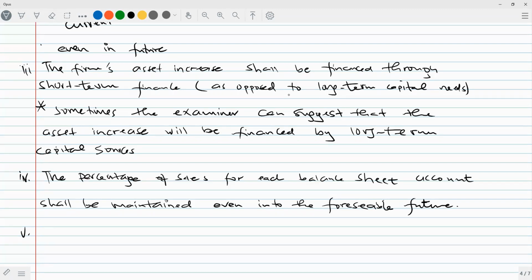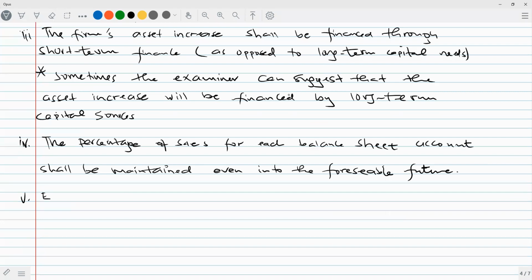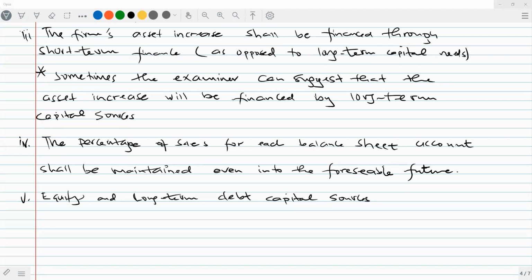Maybe another assumption that the method normally makes is that long-term capital, equity and long-term debt capital sources, shall be maintained.